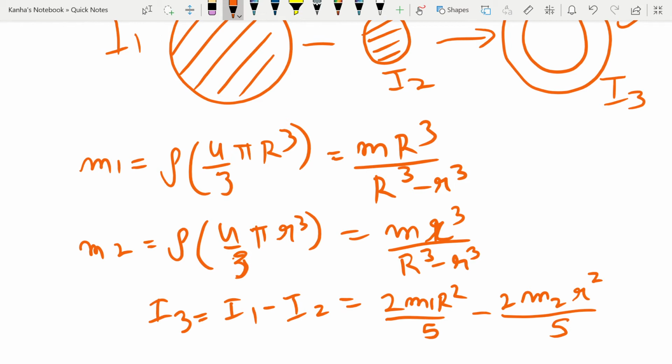For a solid sphere you have 2 by 5 m r square as the moment of inertia.